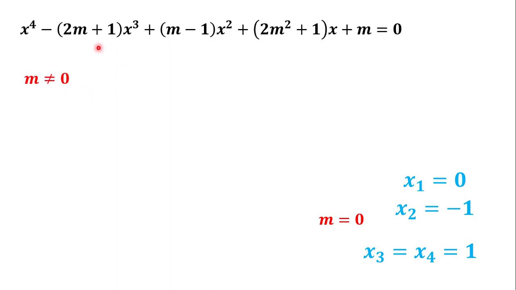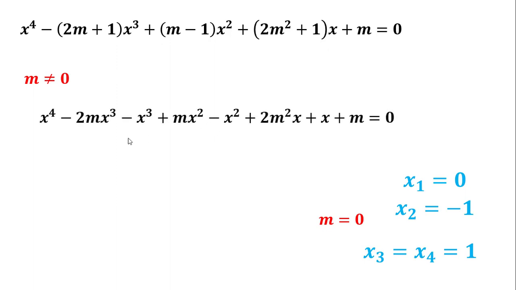We want to solve this equation in terms of m. We need to multiply minus 2 times (m plus 1) by x cubed, multiply m minus 1 by x squared, and 2m squared plus 1 by x. So we're going to get this equation.